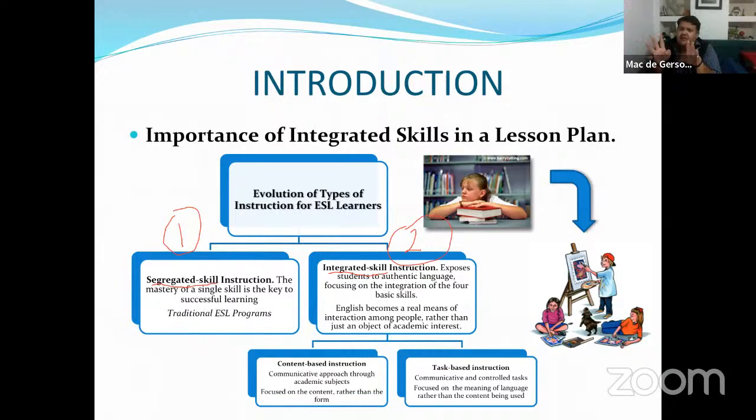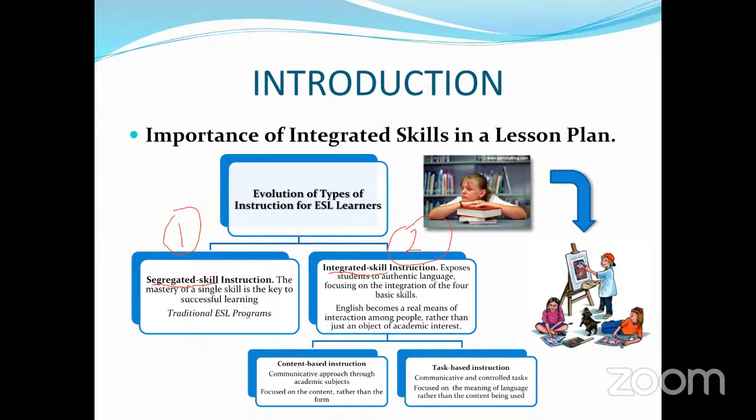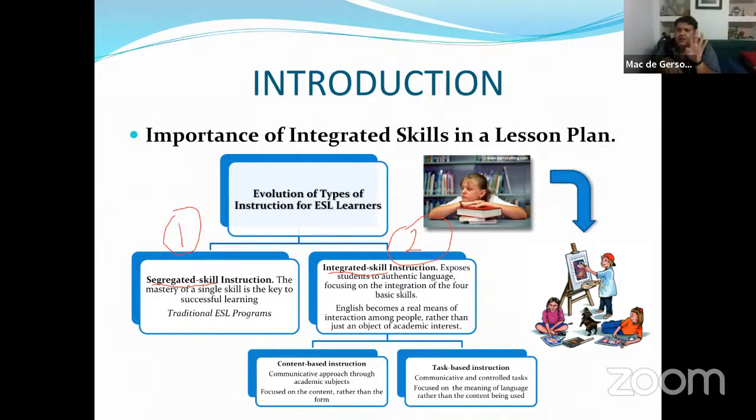Parentheses, what are the 4 main skills for a language? I have said that before. If you remember, I'll give you the first one. Speaking, listening, writing, and reading. Very good. Those are the four skills.